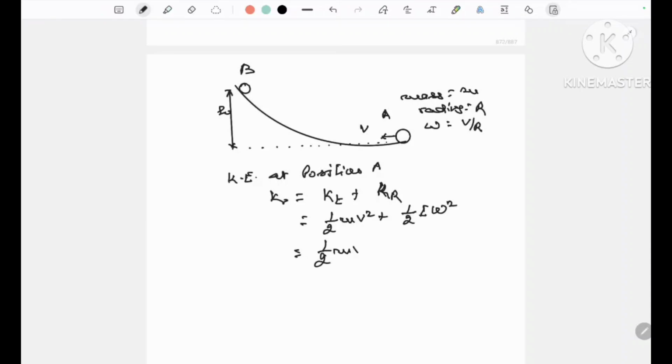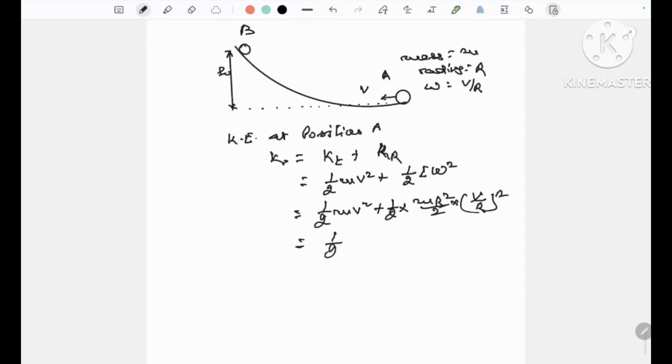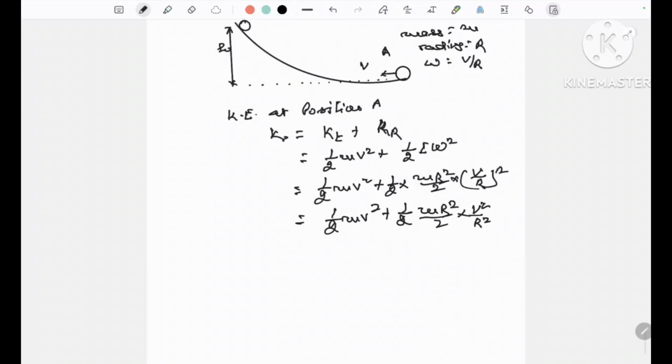Half mv square plus half, and the disk's I is mr square by 2 and omega is v by r, squared. 1 by 2 mv square plus half mr square by 2 into v square by r square, half mv square plus 1 by 4 mv square is equal to 3 by 4 mv square.